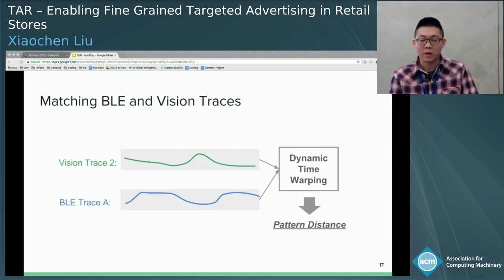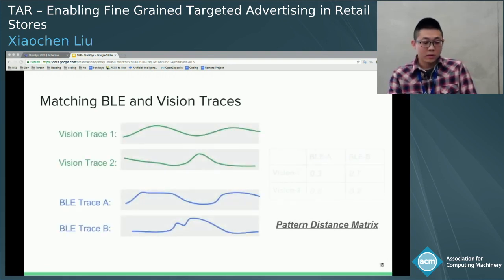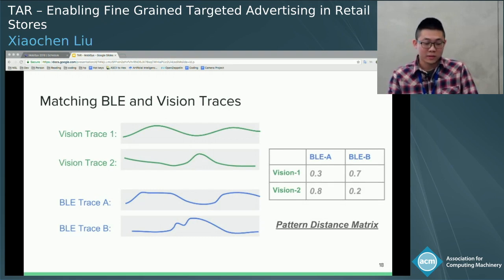DTW is a dynamic programming-based metric that measures the distance between two time series, and it is more robust to noise than other metrics like Euclidean distance or cosine distance. For all the vision-BLE pairs, we compute their pattern distance and form it into a matrix. Each cell represents a pair's distance.